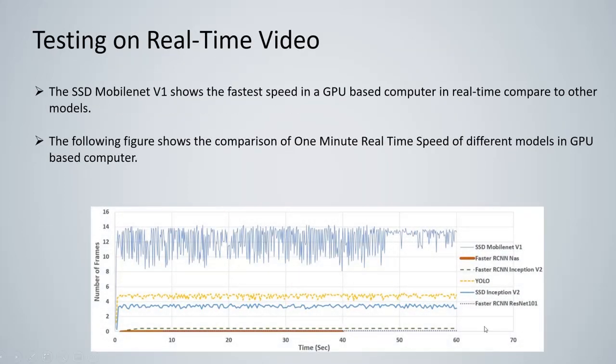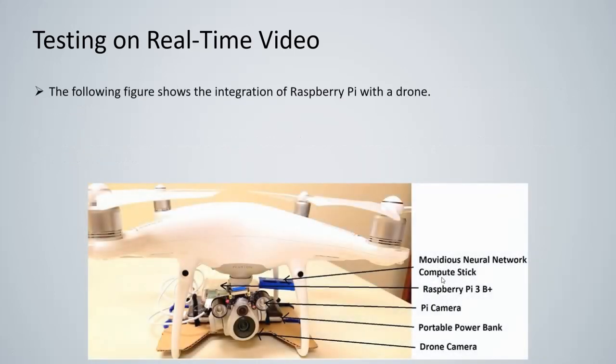So we tested all of the trained models on a GPU based computer in real time. And we found that SSD MobileNet version 1 shows more speed compared to the faster R-FCN and ResNet 101. After the training, we put the Raspberry Pi in the drone.